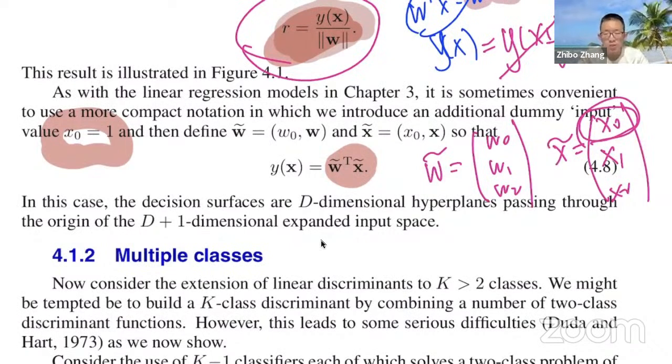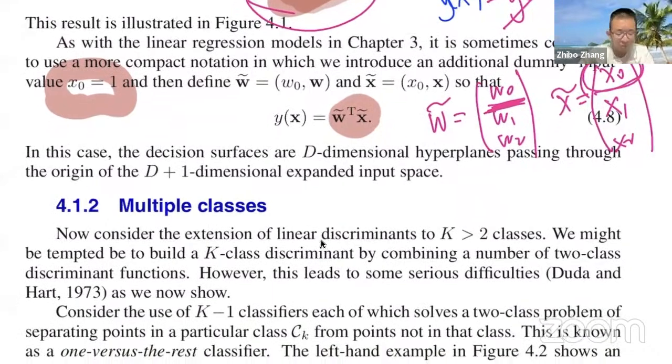So it's still a two-dimensional input, and the decision boundary is still a one-dimensional thing. It's just for the convenience of writing the equation that we integrate W0 into the larger vector W tilde here.